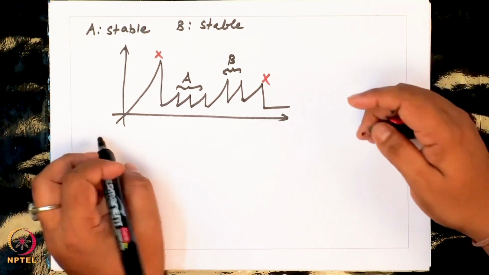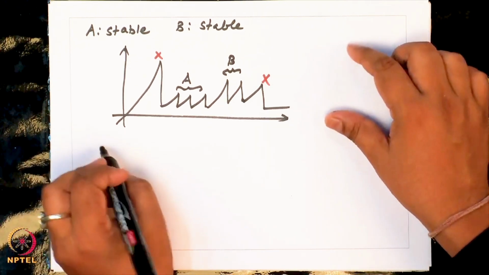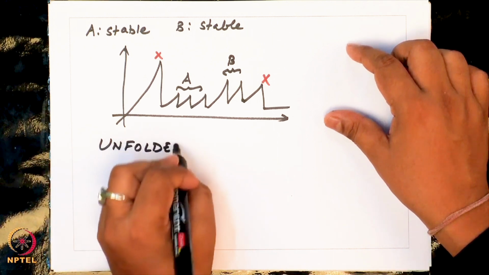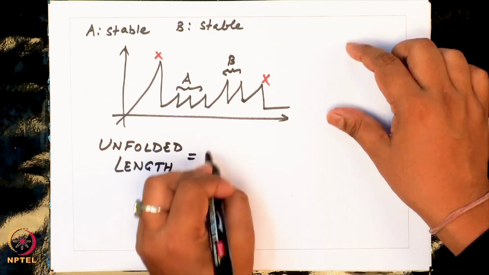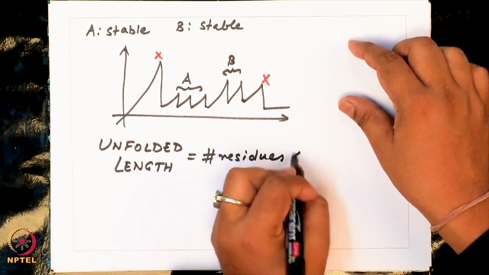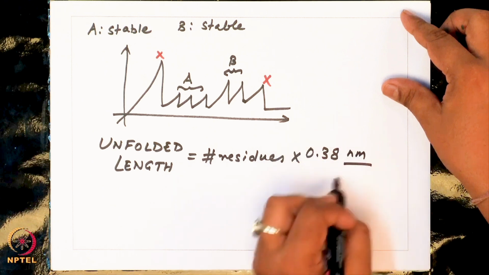So, you know that if you have various residues, the total unfolded length equal to number of residues into 0.38 nanometer per residue.